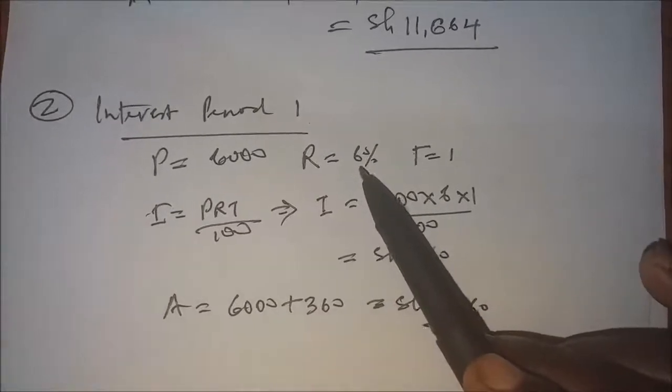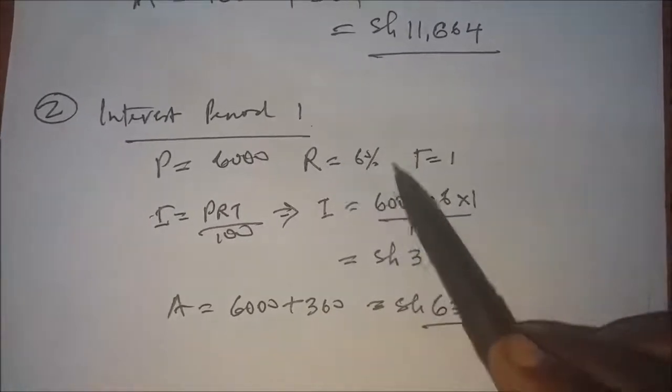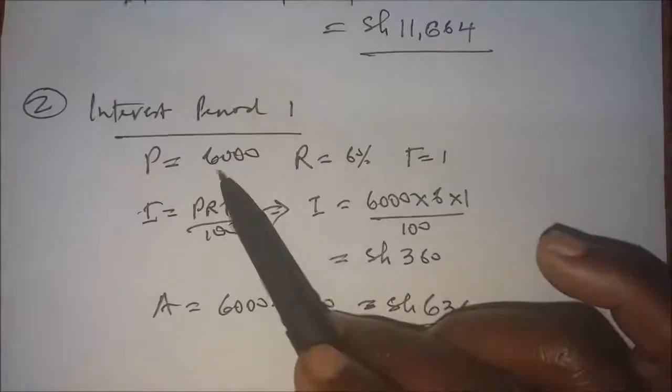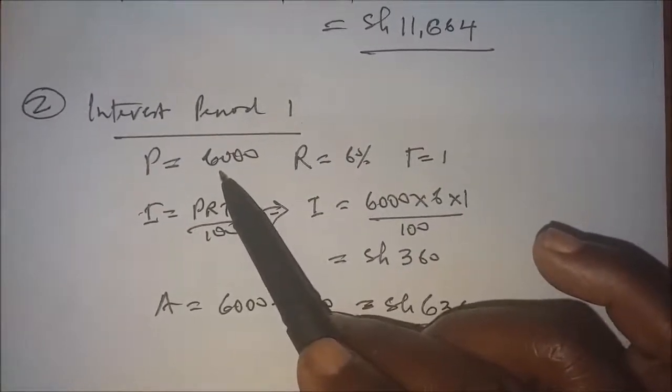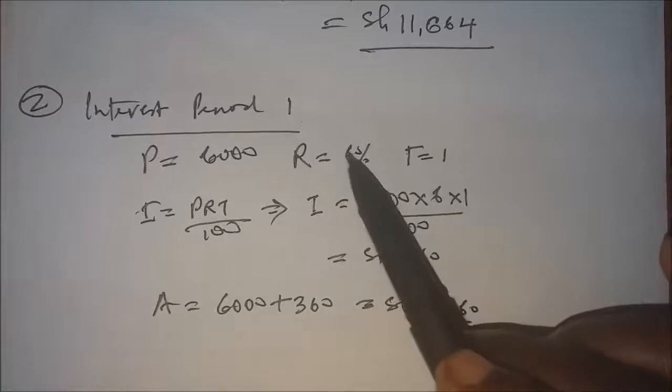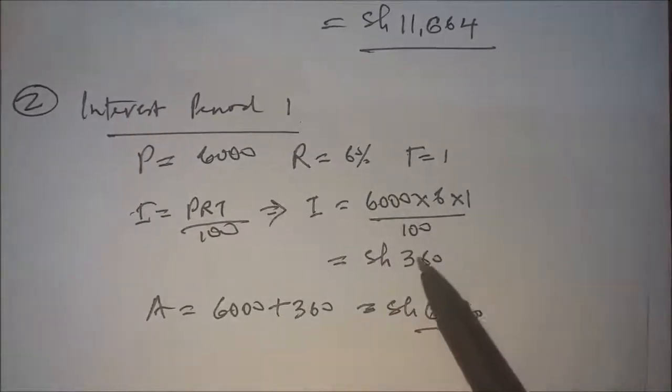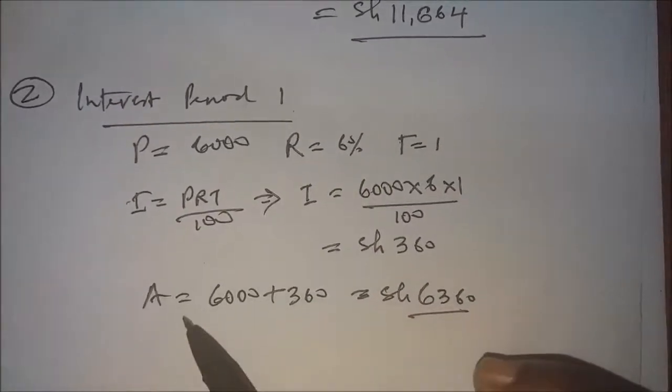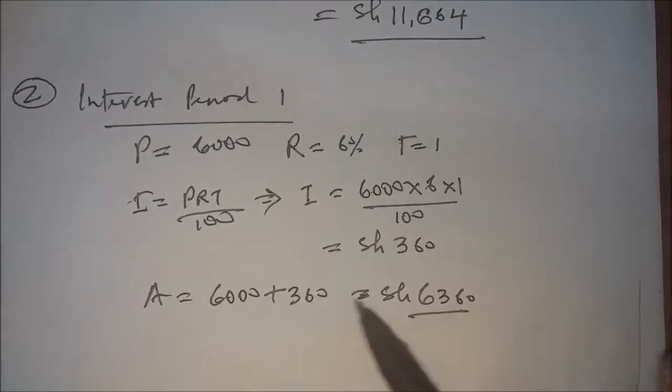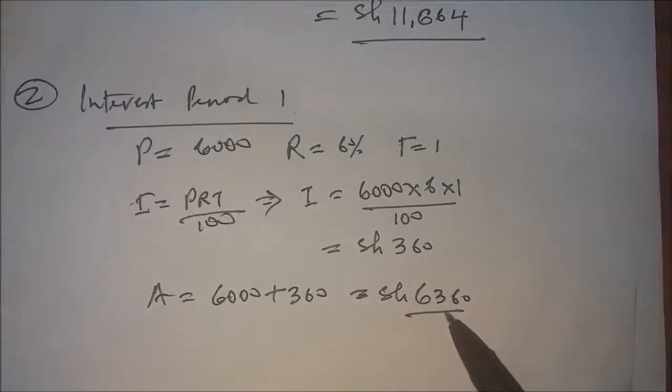So at the end of 6 months, we shall use the rate of 6%. Now, 6,000 invested at 6% during interest period 1, the interest becomes 360, and the amount at the end of interest period 1 is 6,360.